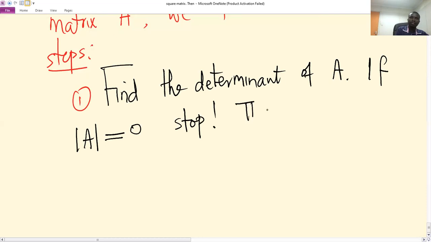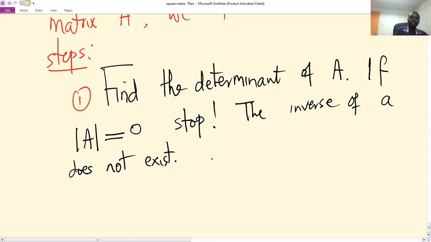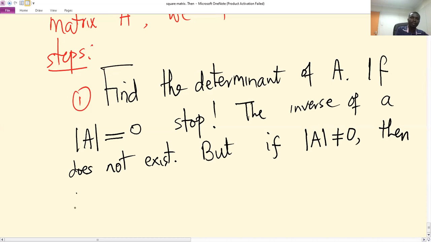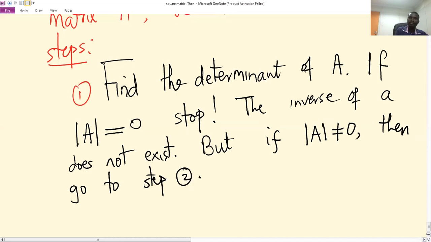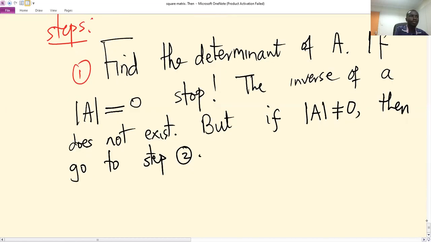The inverse of A does not exist. But if the determinant of A is non-zero, then go to step 2. The first step, find the determinant. If the determinant is 0, the inverse does not exist, so you don't have to proceed.